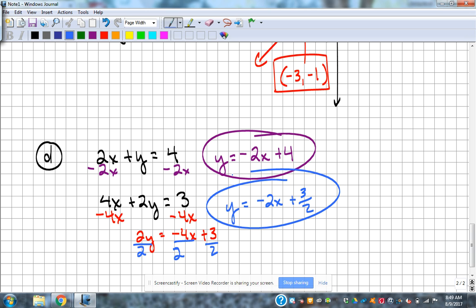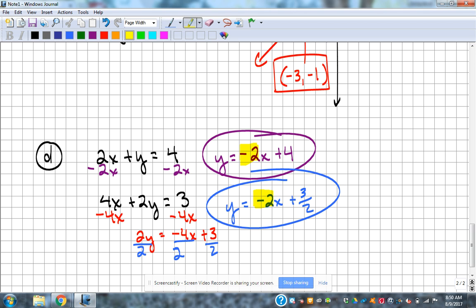Got 2 equations. What do we know about them? What are those? Same slope. Y-intercepts are different, right? So that means these 2 lines are what? Parallel.